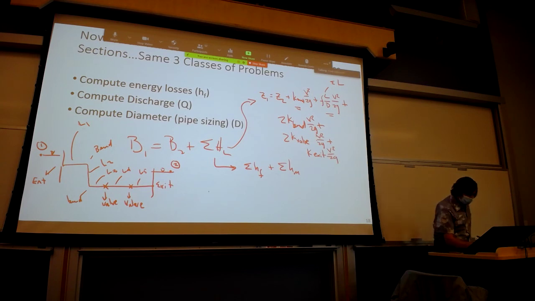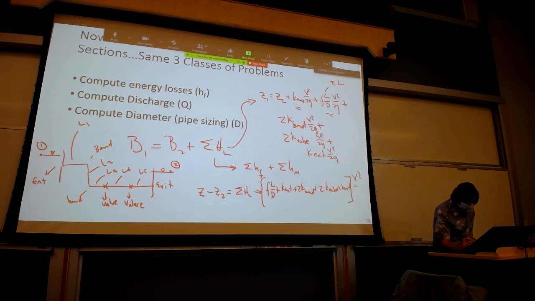And so what that would say is that Z1 minus Z2 is equal to the sum of the energy losses, which is equal to, in this case, f L over D plus K entrance plus 2K bend plus 2K valve plus K exit, all times V squared over 2g.